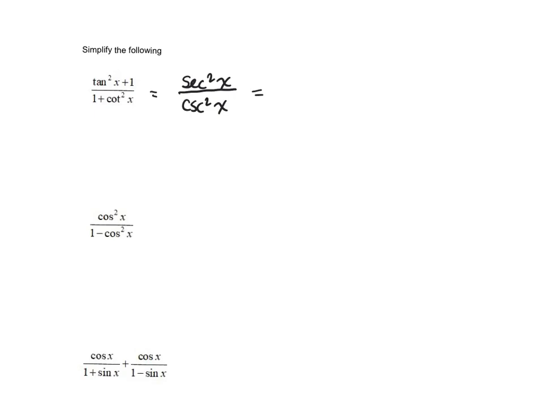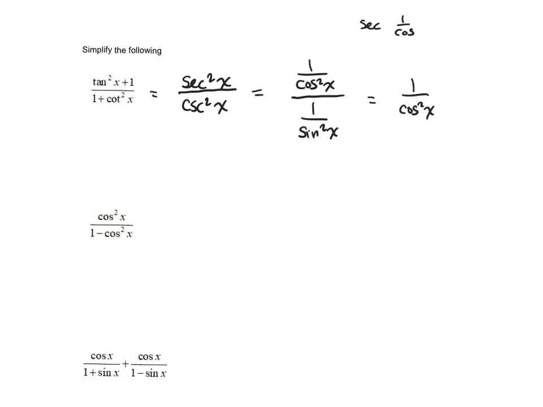Now, I know that secant is 1 over cosine, so secant squared is just 1 over cosine squared x. And cosecant is 1 over sine, so cosecant squared is 1 over sine squared x. Now, this is very common where you'll get a fraction over a fraction. And then what we like to do is multiply by the reciprocal.